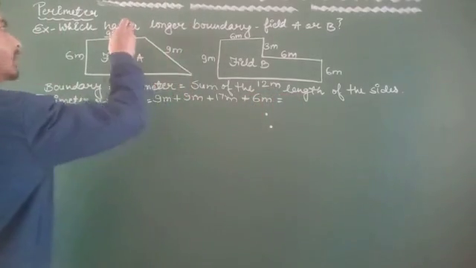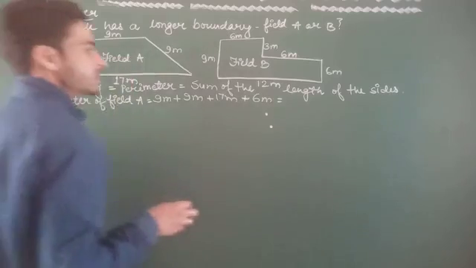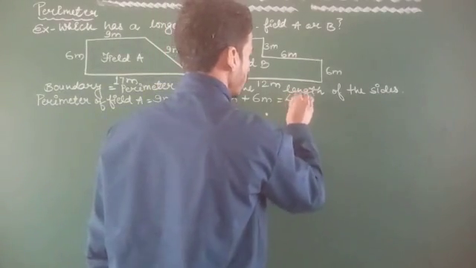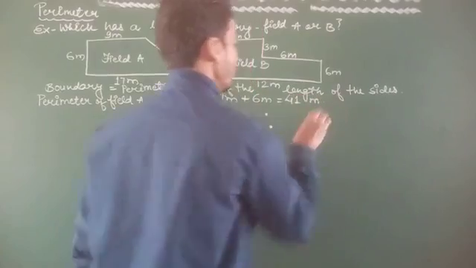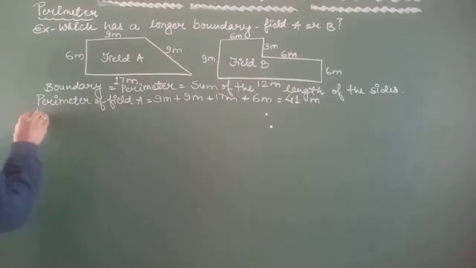That is 9 plus 9, 18, 18 plus 17, 35, and 6, 41 meter.